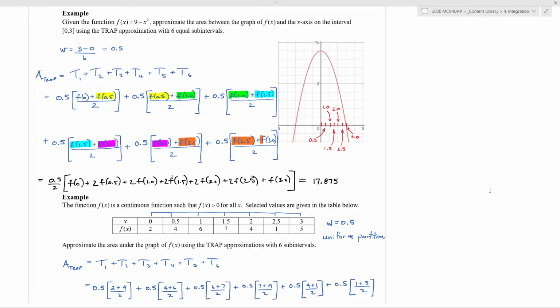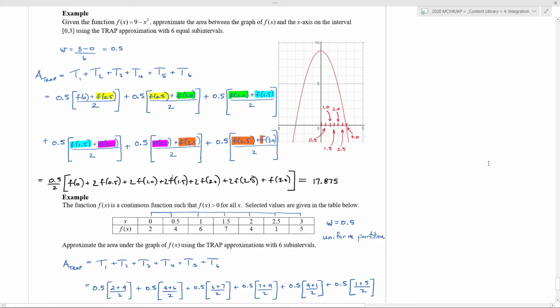But I would have to use 6 rectangles. I didn't do it there because I just wanted to show you. I think we've done enough of the LRAM and RRAM, but that would be the calculation for the trapezoid if you did it that way.